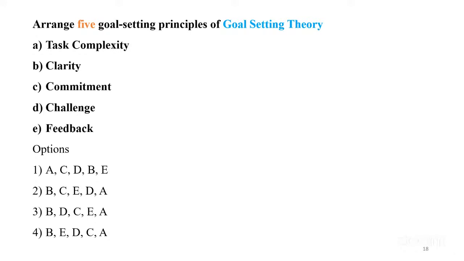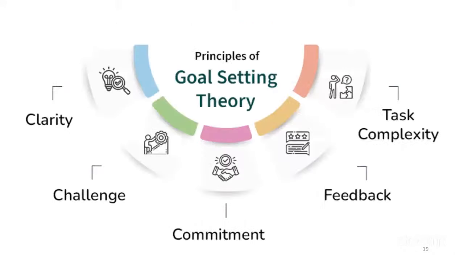The given options are: 1, A, C, D, B, E; option 2, B, C, E, D, A; option 3, B, D, C, E, A; option 4, B, E, D, C, A. Let's see what goal setting theory is and what its principles are. They are asking us to arrange them, which means we have to learn them in sequence.